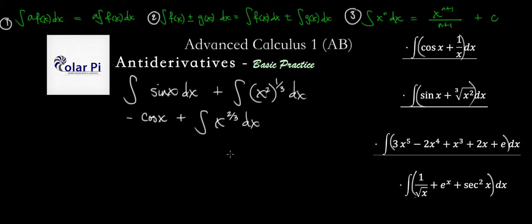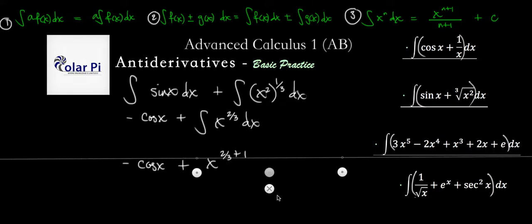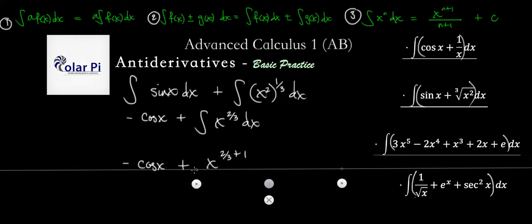So if we use that third property, then we know that the answer has to be, well, first we still have the answer from the antiderivative of this first guy, so that's negative cos x plus. Now the answer to this, using this right hand side, will have to be x to the, well, we need to add 1 to n, so to the 2/3 plus 1, and we know that we have to divide by n plus 1, so this divided by what is 2/3 plus 1?